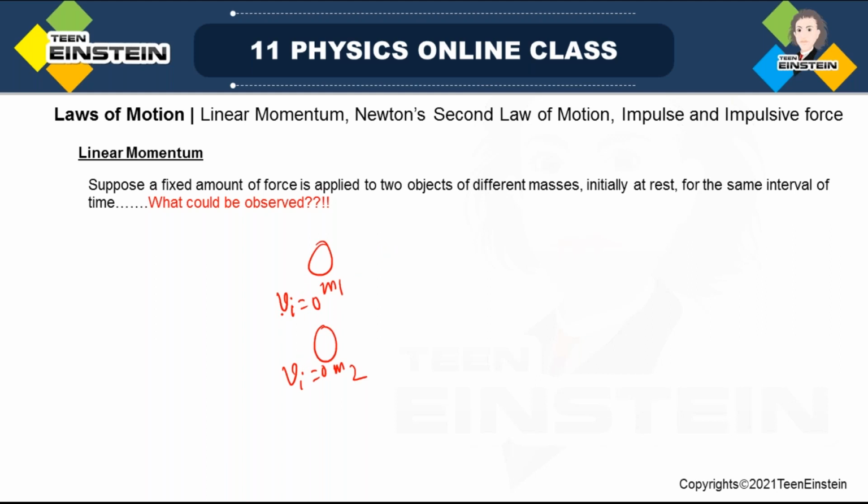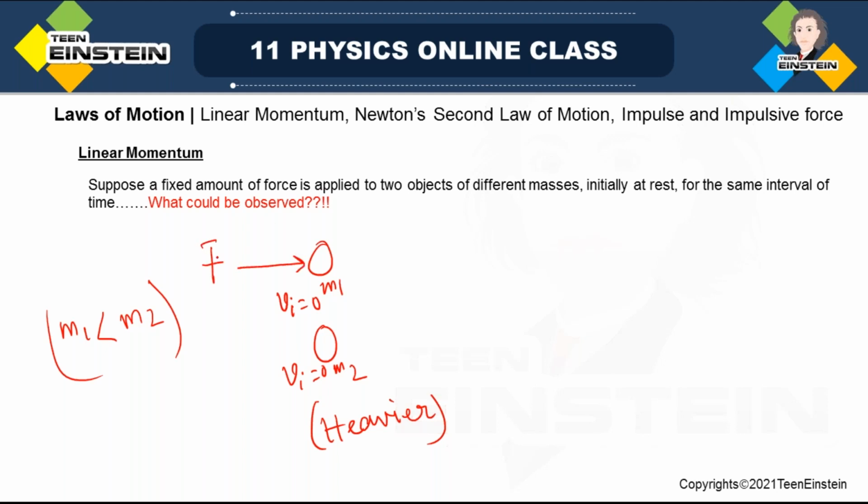I'm just supposing that m1 is less than m2. That means m2 is heavier, and this is comparatively lighter. Now do one thing, you just apply an external force, same amount of force, to both of them.